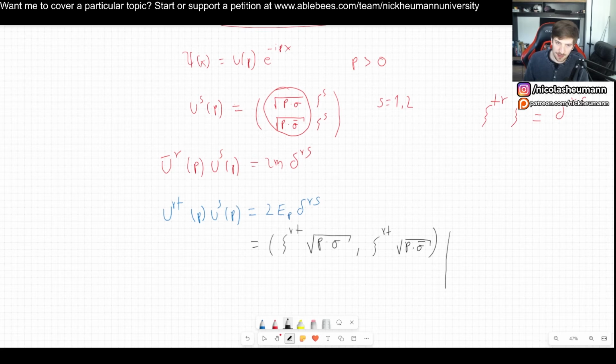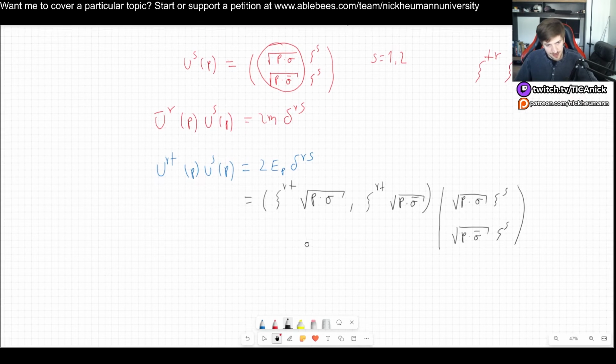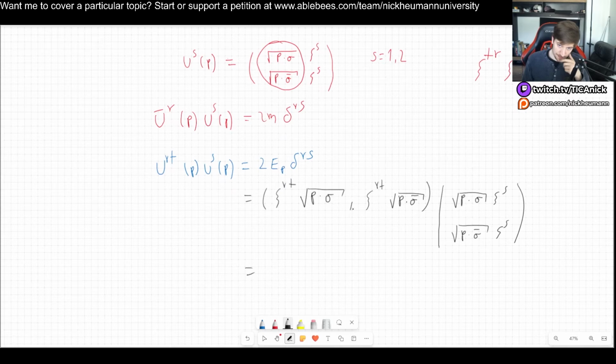And now we multiply this by the square root of p dot sigma chi s, square root of p dot sigma bar chi s. And well, now we multiply. So this would be, let's see. So chi r dagger, and then we have p dot sigma, p dot sigma. So the square root goes away. So we get p dot sigma.